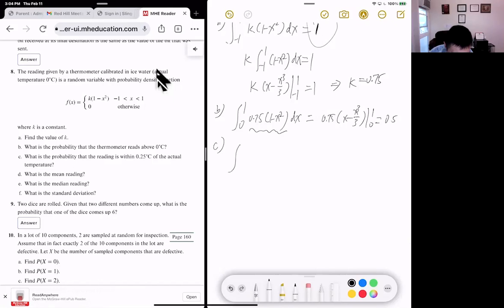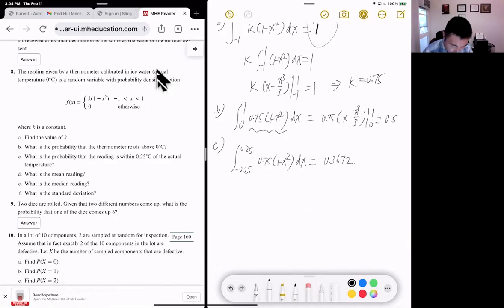So the range will be minus 0.25 to positive 0.25, again f(x) dx. Similarly, we get the answer 36.7% chance.